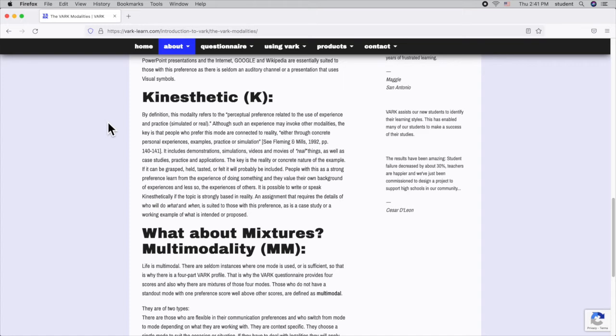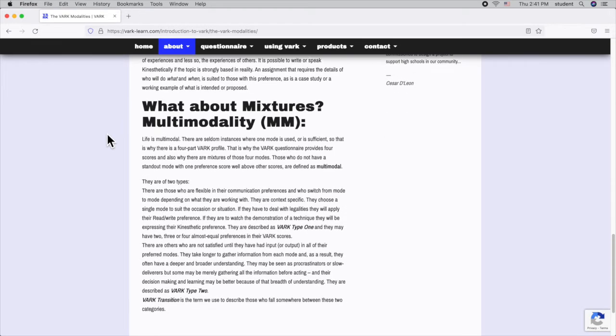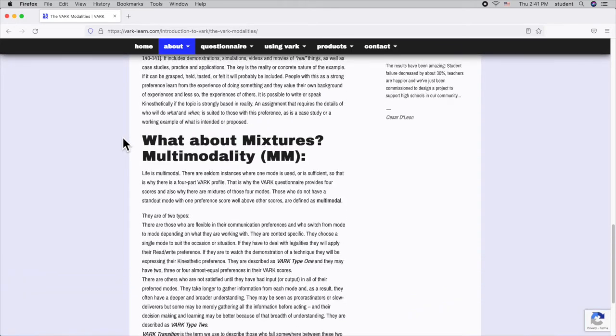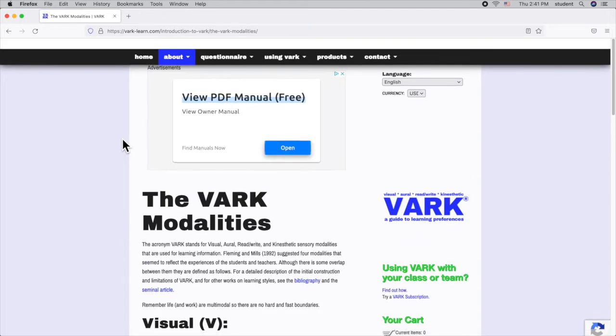So it's our perceptual preference to our experience and practice, whether it's simulated or real. So things that could be grasped, held, felt, manipulated. So lots of different learning styles, and you can be multimodal. You can learn in more than one style. So you can have one or many, or you can have all the above. Most people have a preference for one.